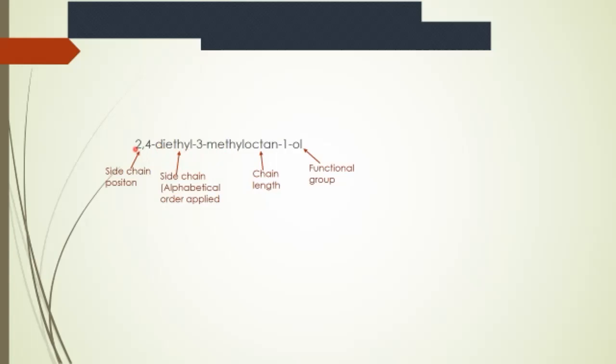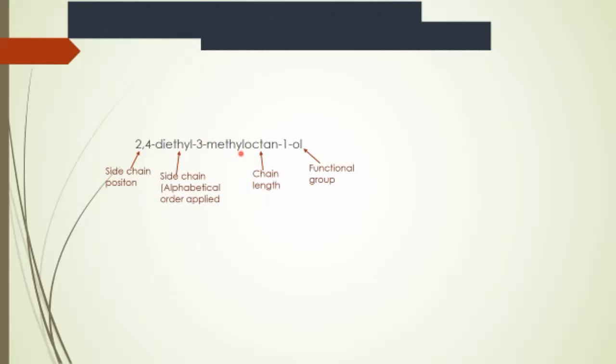What are their positions? 2 and 4, right? So 2,4-diethyl-3, another dash. On number 3, we've got a methyl, okay? Yes, if we had something like 3,5, it was going to be dimethyl again, or 3,5,8, it was going to be trimethyl.